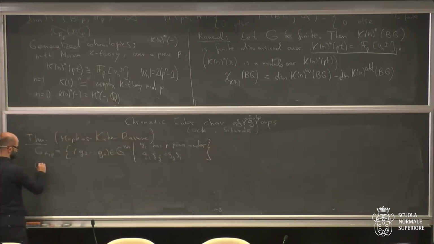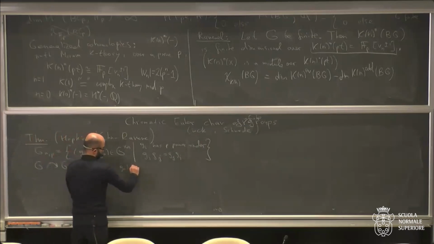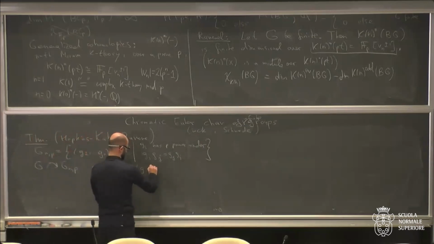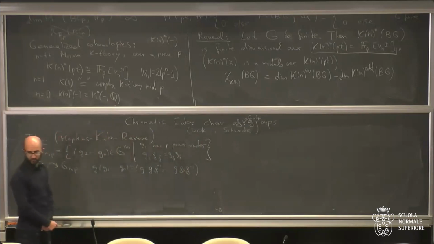And then you can act on this set with G. G is acting on this set by taking g times a tuple like this, which is just a conjugate of all the coordinates. So that's how you act on this thing.